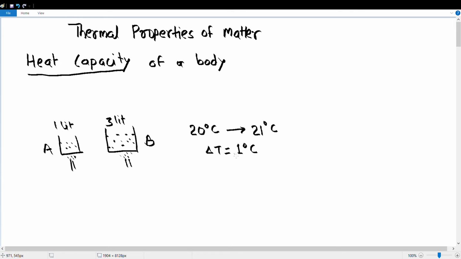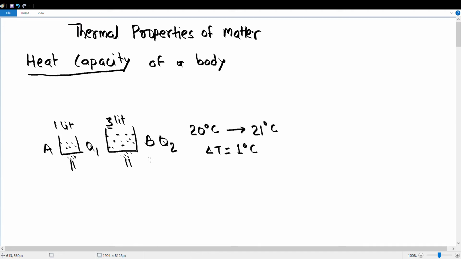Although the change in temperature for both these two cases is the same, the amount of heat which is received by both these pots is different. Suppose Q1 be the amount of heat which is received by the first pot and Q2 be the amount of heat which is received by the second pot, then definitely this Q2 is 3 times the heat which is received by the first pot.